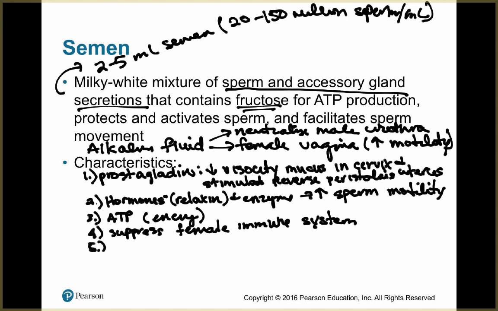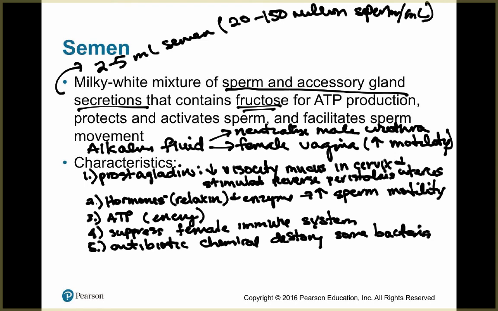Now, semen also has antibiotic chemicals that help destroy some bacteria. And last but not least, it has clotting factors. Remember I said that earlier? You might have been like, this is weird. So basically, the clotting factors help to coagulate the semen initially.